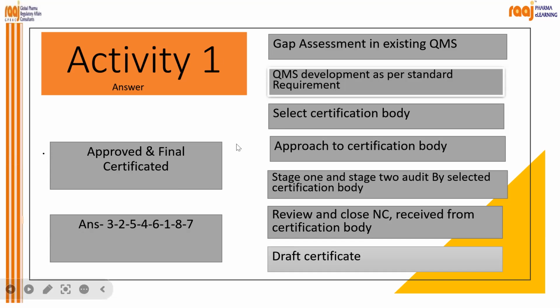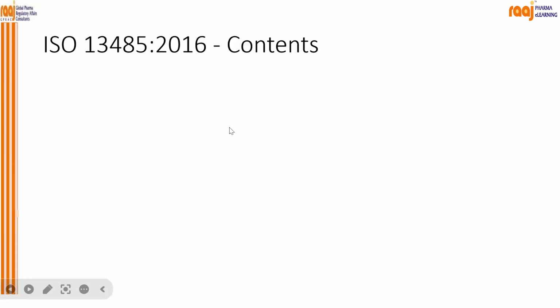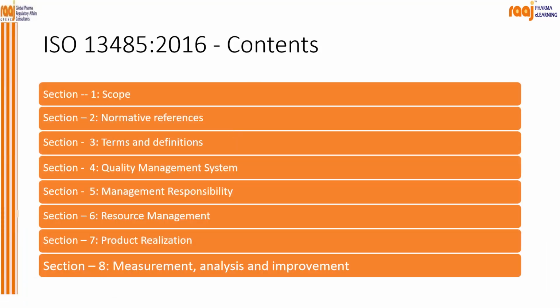So once the basic funda is clear, we'll move on to the standard content. The ISO 13485 standard contains 8 clauses, out of which the actual work starts from the fourth clause.